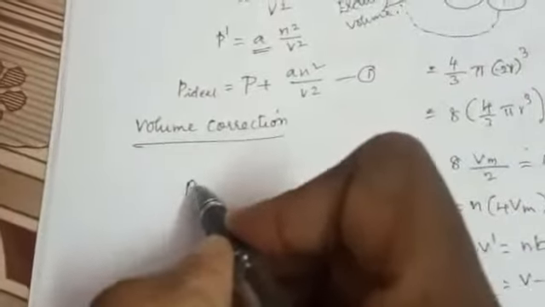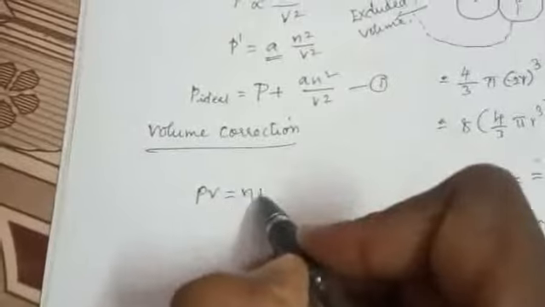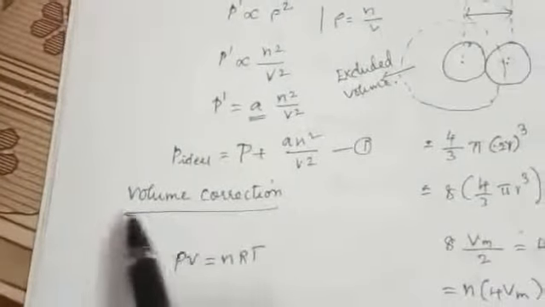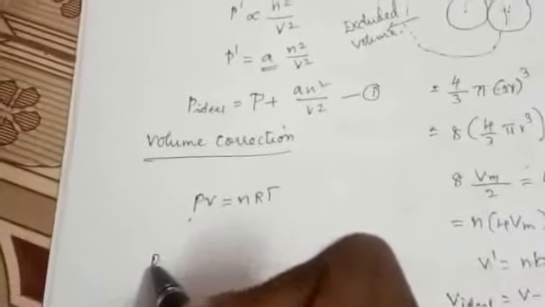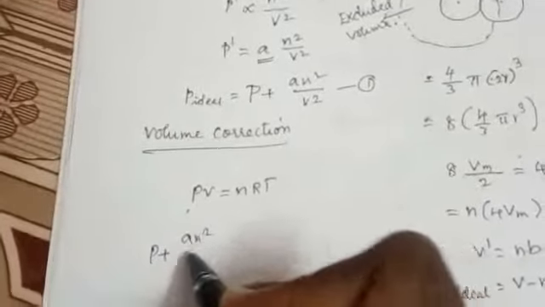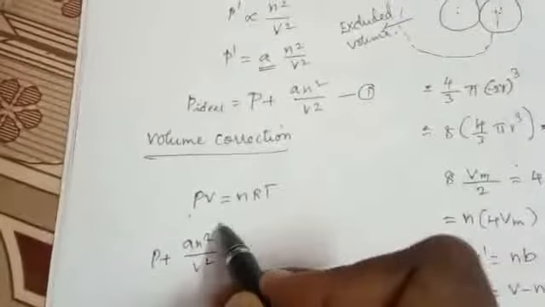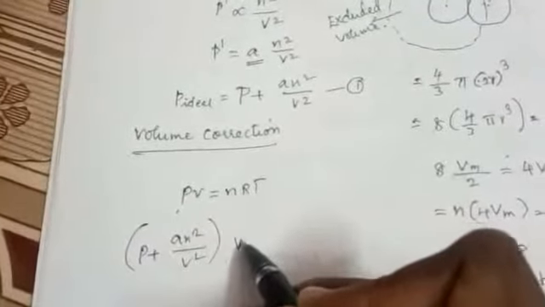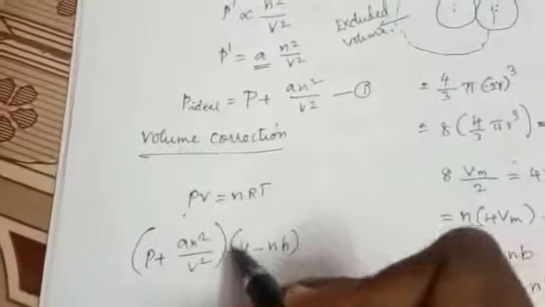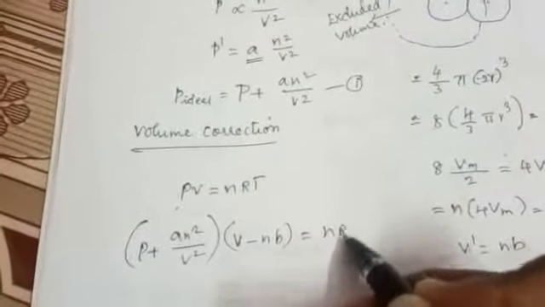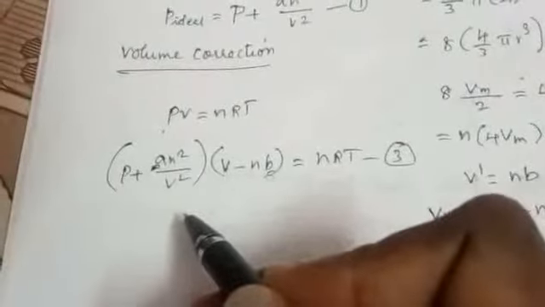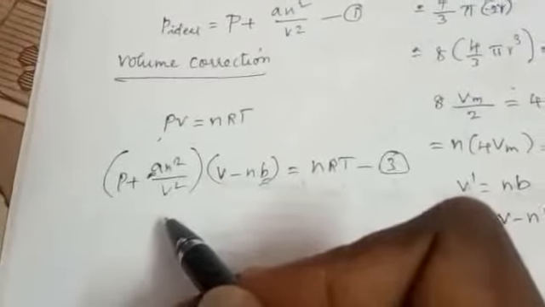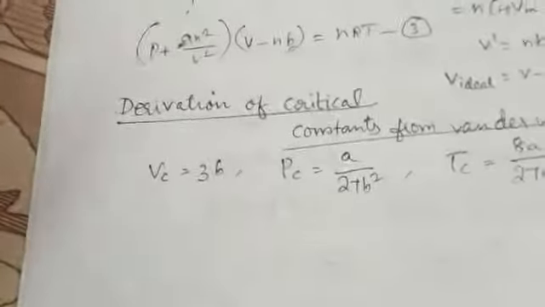Applying equations 1 and 2 to PV equals nRT, substituting, we get P plus a n squared divided by V squared, into V minus nb, equal to nRT. Here a and b are the van der Waals constants, which vary with the nature of the gases.